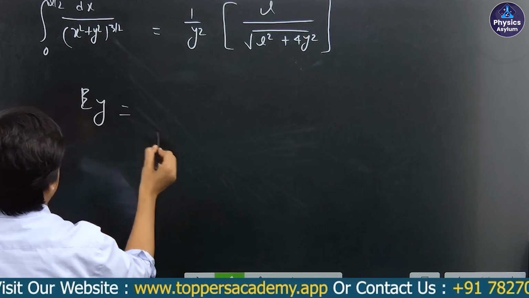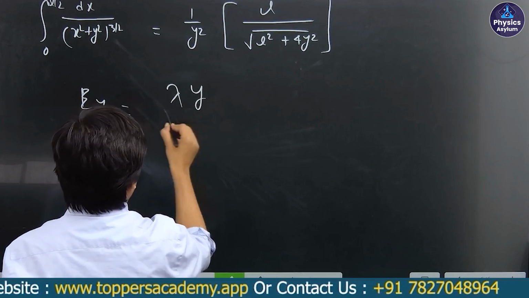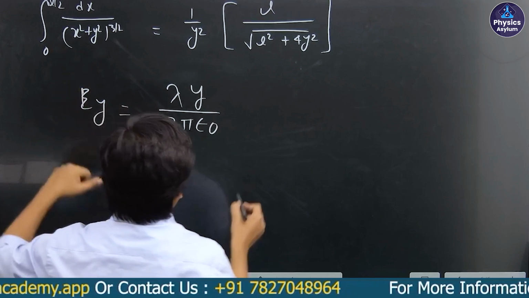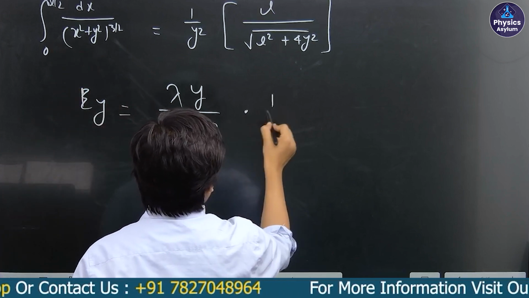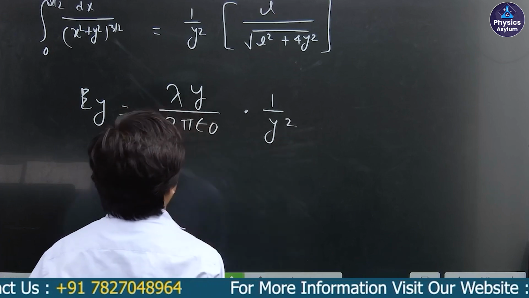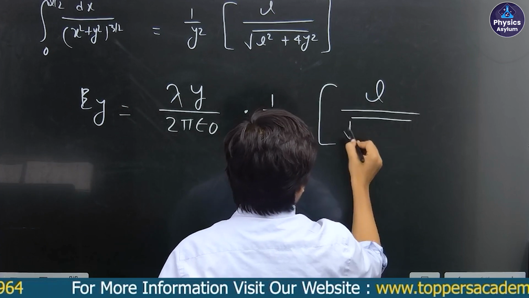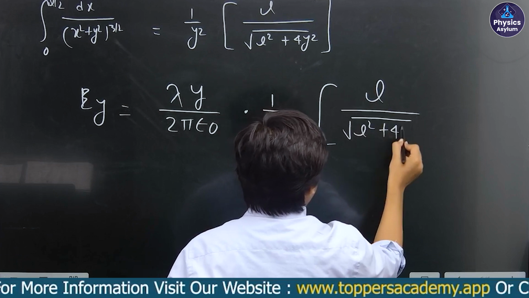That Ey is lambda y divided by 2 pi epsilon naught into this integral, right? And what is the value of this integral? That is 1 over y square times L divided by square root of L square plus 4y square.